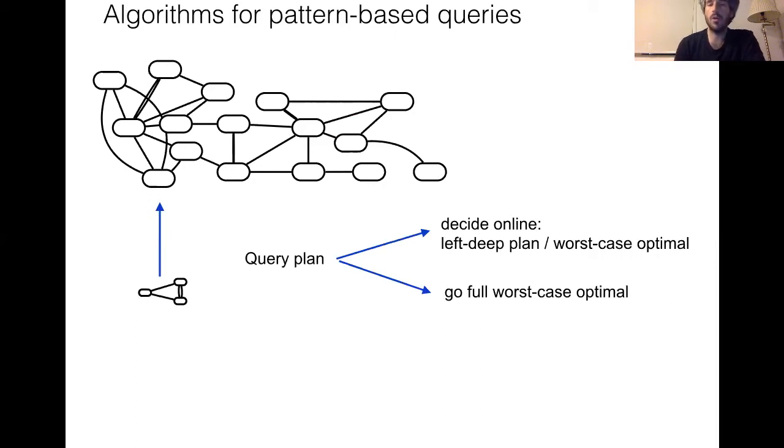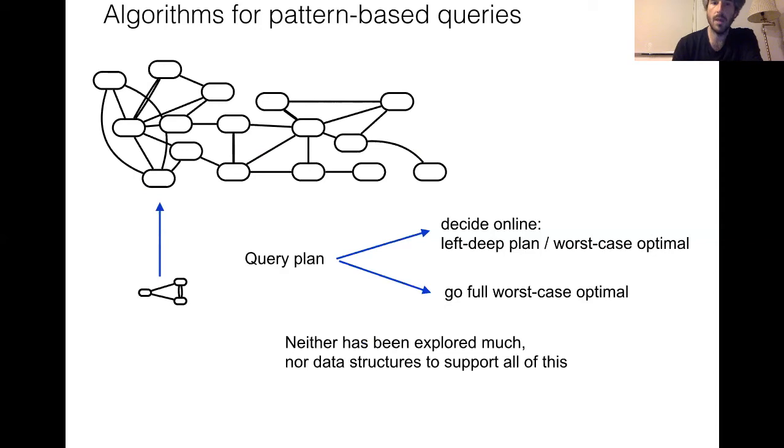Or we could just go with a worst case optimal machinery and process everything in a system with this idea. And again, it is not clear how to do this for a graph database system, because you need to start putting more things on top and below.